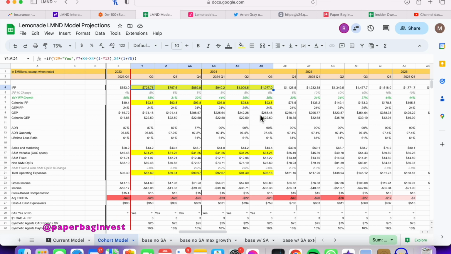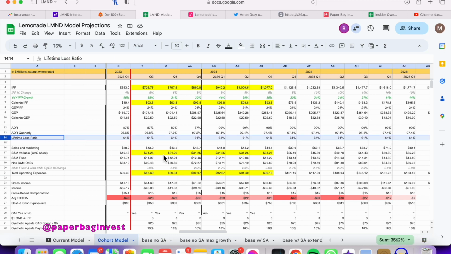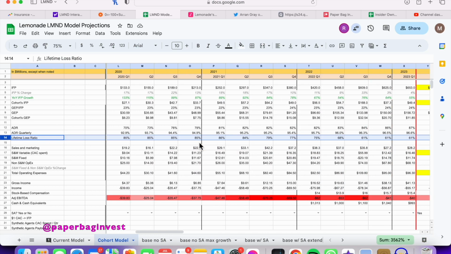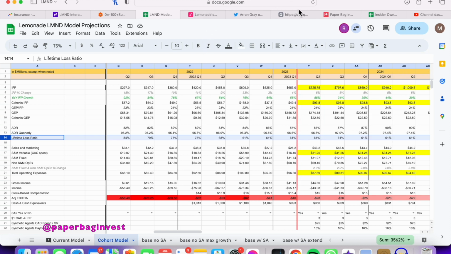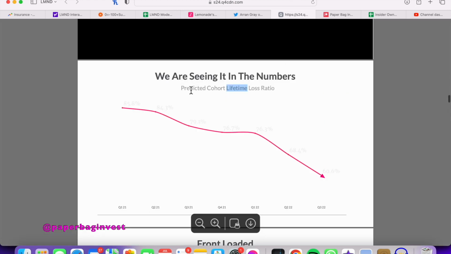The next would be your lifetime loss ratio. For each cohort, all the way going back in time here, I used a slide from Lemonade's Investor Day where they showed their predicted cohort lifetime loss ratio. From Q1 2021, they had 86% and then down to 61% for Q3 last year.